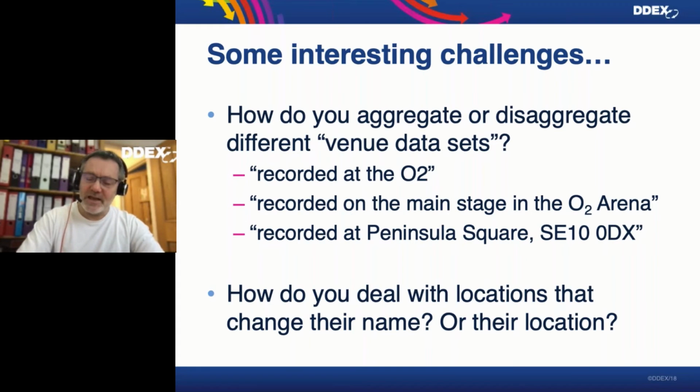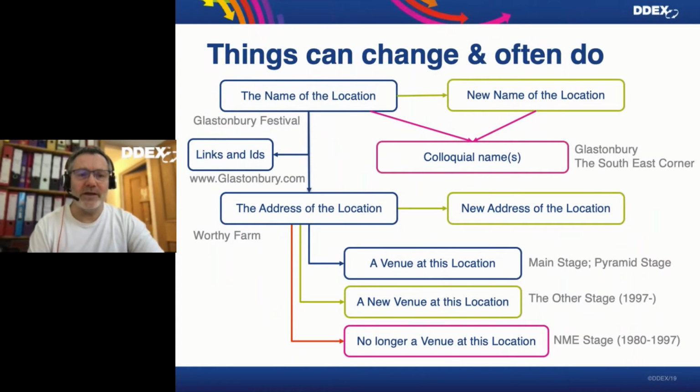But change is actually the key word here. Things can change, and things do change quite often. So you may have a name of a location which may change, as we said. You may have formal names, or you may have more colloquial names for venues. You may have different IDs and links for venues.